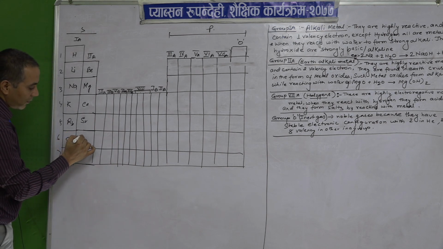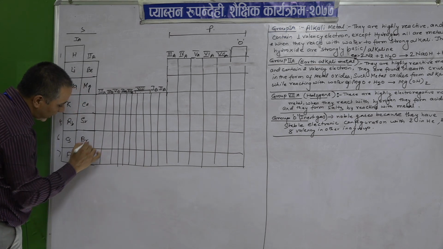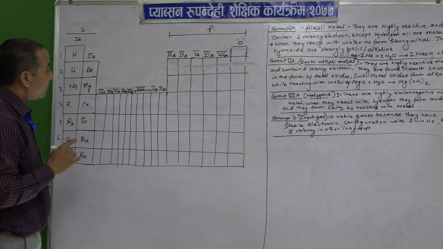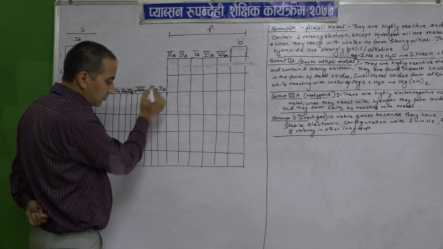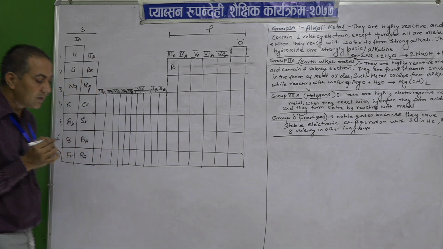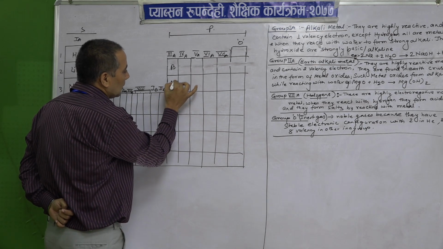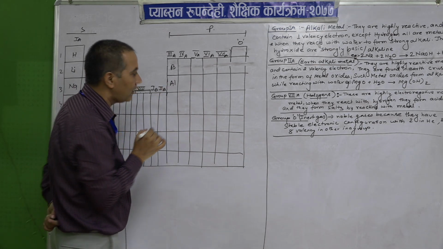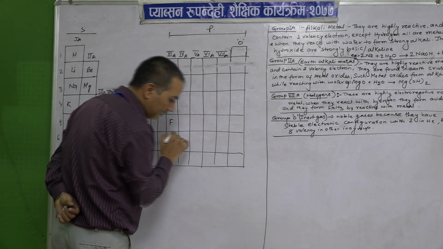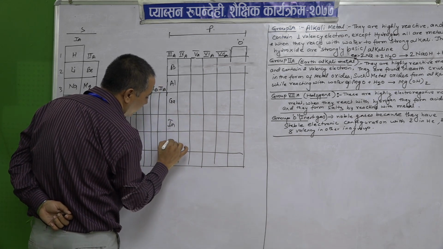Be, Mg, Ca, Sr, Ba. Then after that, the element over here is boron, and the simple form is boron, aluminum, gallium, then In and Tl.